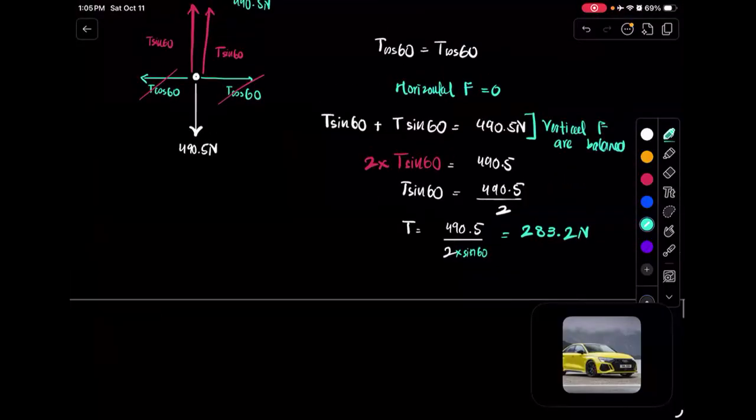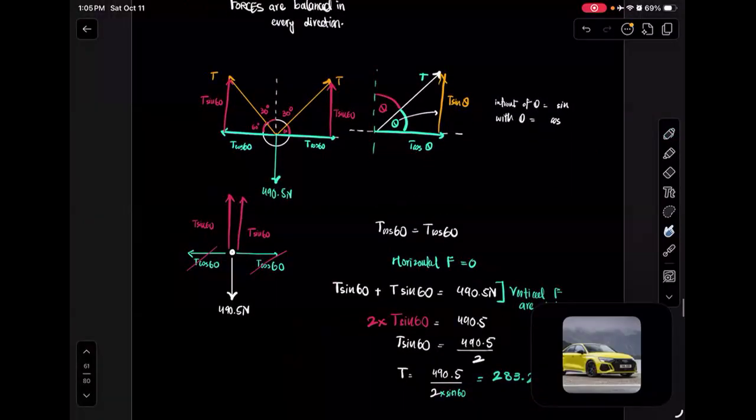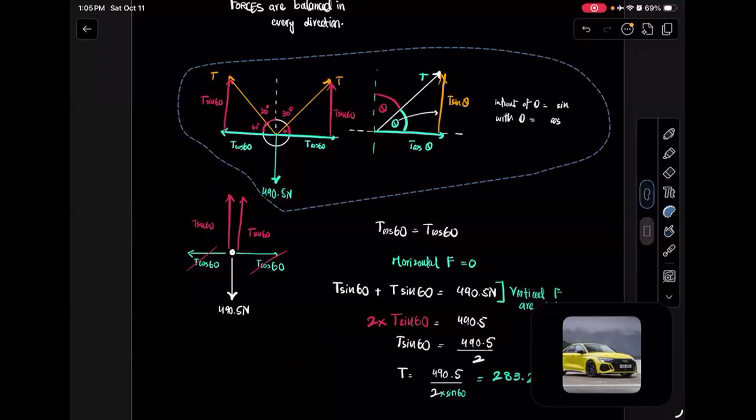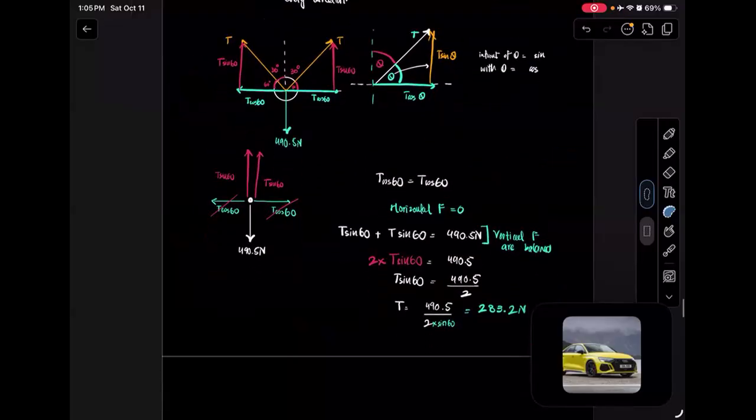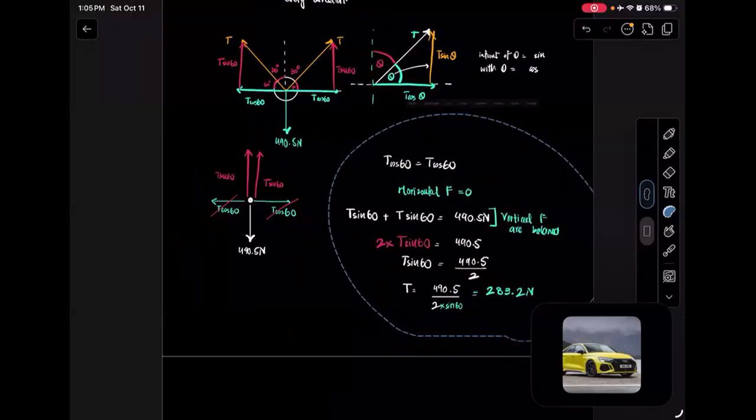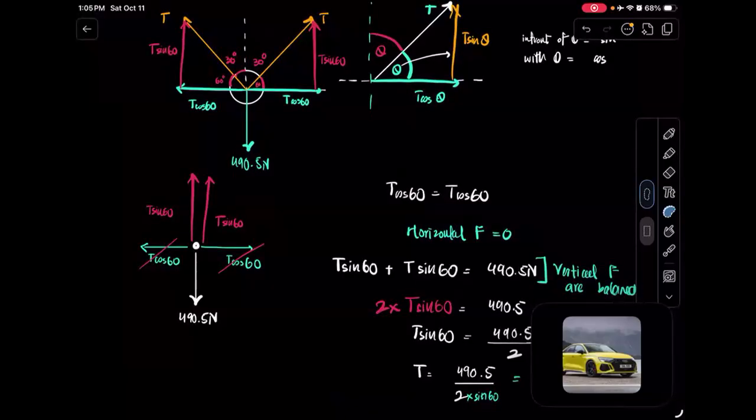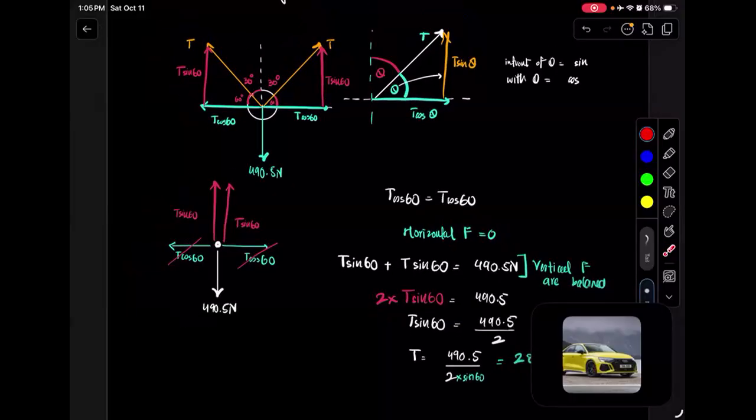Now, neither of you got the answer right. So, where did you go wrong, guys? I forgot to cancel out the horizontal components. Horizontal components don't matter because they cancel out. I instead just put T cos 60.